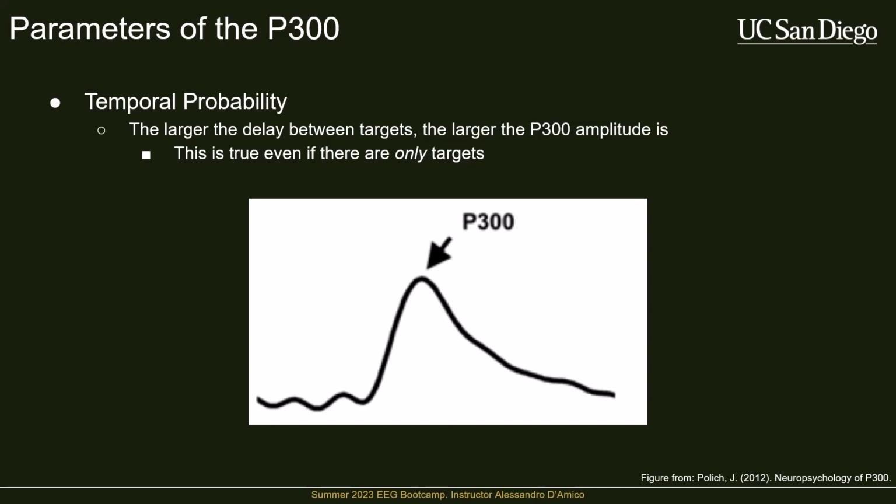But an interesting fact is that this is true even if you have a one stimulus task where there are only targets. So you'll play a target stimulus and then just have time. Play a target stimulus, just have time. And since they're still so rare within the time span of empty space, you'll elicit this P300 component. And again, the more frequent they are, the smaller the amplitude.